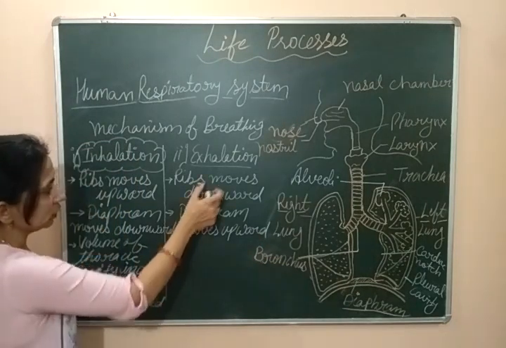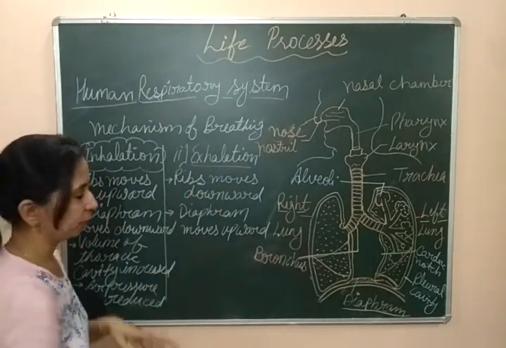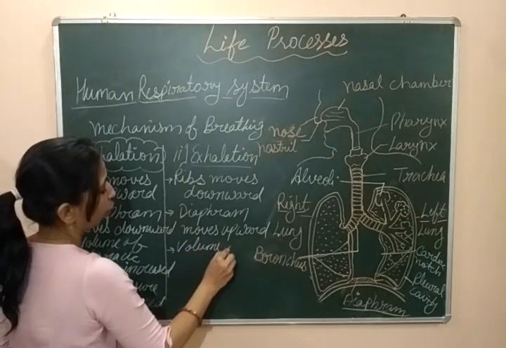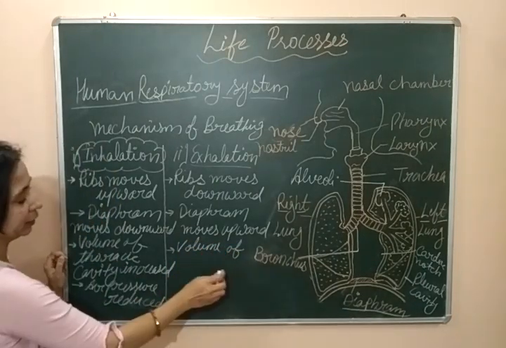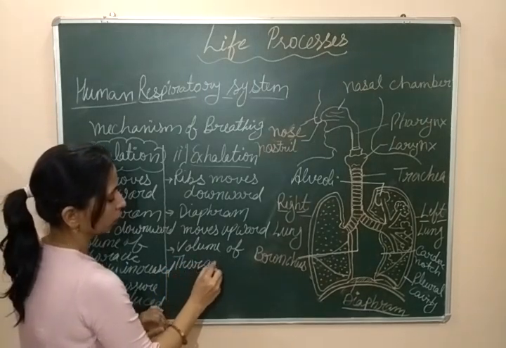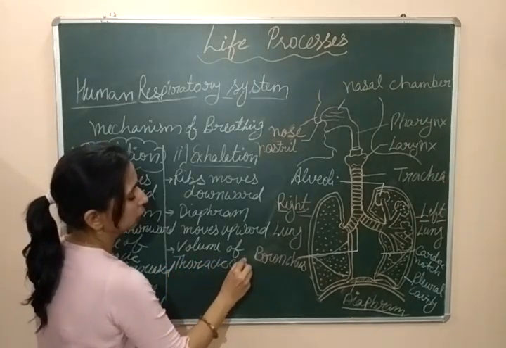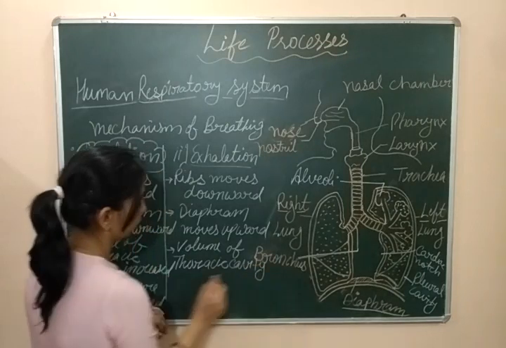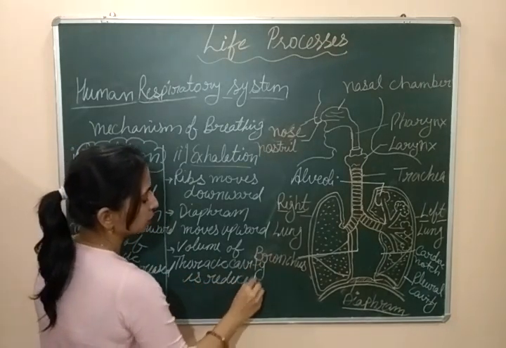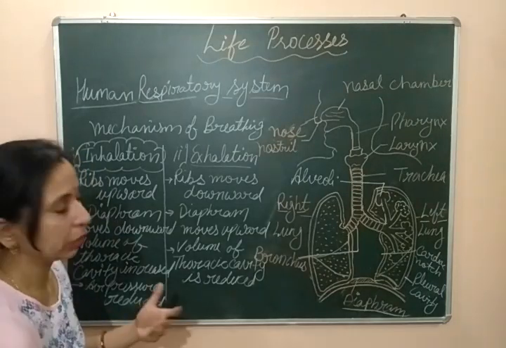Due to these two events, the movement of ribs and diaphragm, the volume of the thoracic cavity gets reduced, and when volume is reduced, the air pressure is increased.